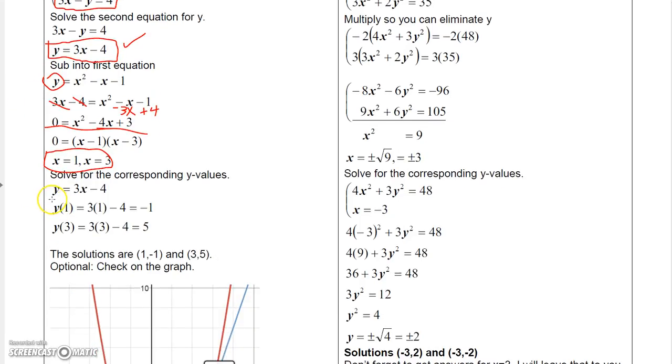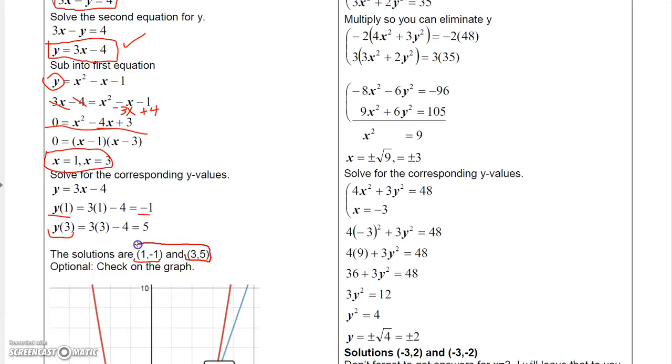So if I evaluate y at 1, I'll get 3 times 1 minus 4, which is negative 1. And so that means if x is 1, then y is negative 1. Then if I evaluate this y function at 3, so plug 3 in for x, I get 3 times 3 minus 4, which is 5. So I get 3, 5.